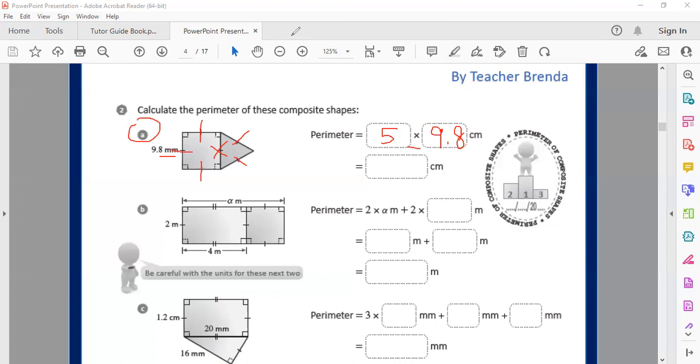Back to easy questions. 50. Is it? See that? Okay, that says 50. How about the rest? Well done. Are you all following me? 49.